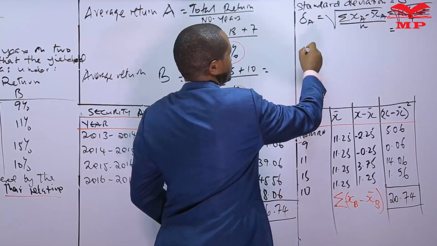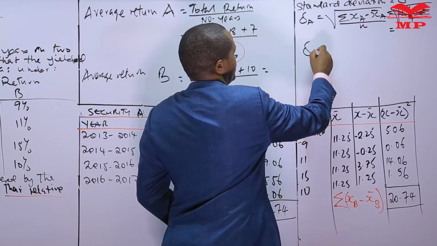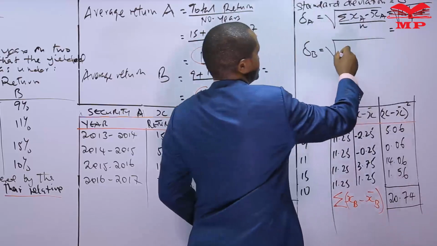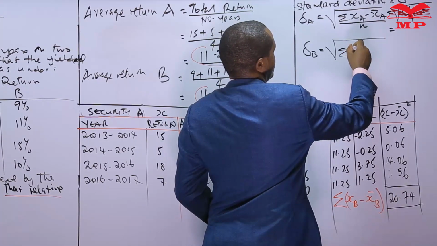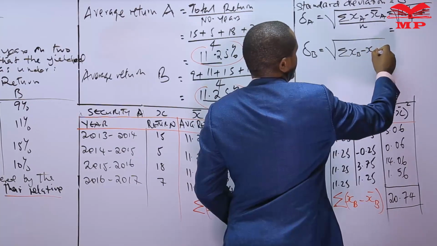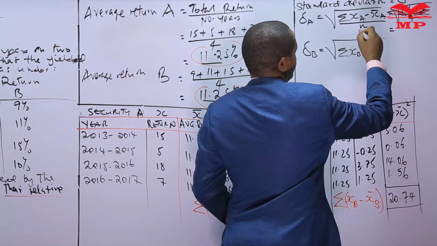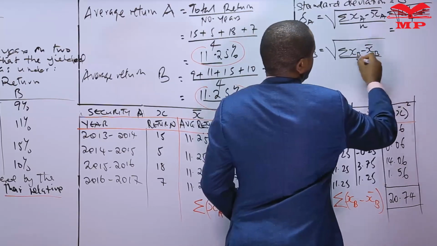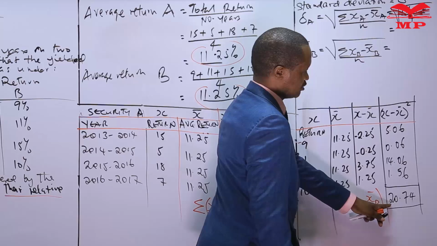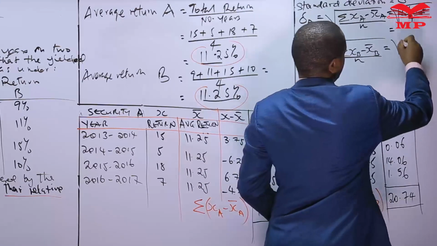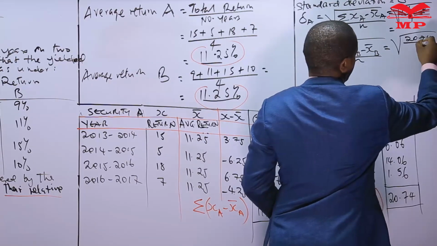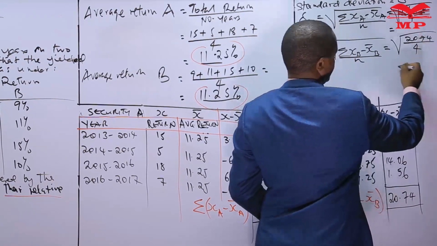Then the standard deviation for security B will be the same, which is the summation of XB minus X bar B squared over N, and this would be equal to the square root of 20.74 divided by 4.